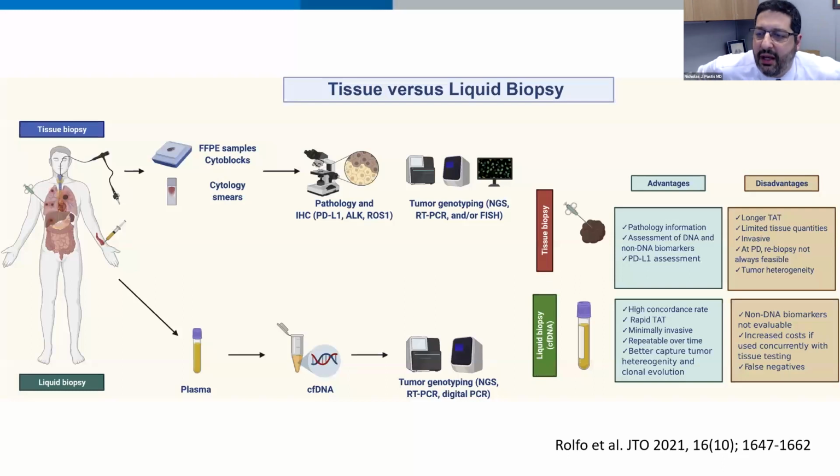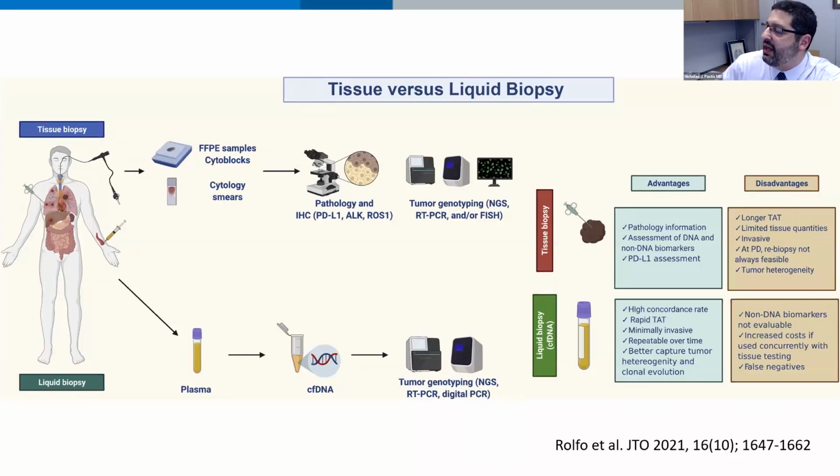So what are the advantages and disadvantages of it? If you look at the flow chart here, we've already talked about the top flow of getting your sample from EBUS, making a cell block, or getting DNA from smears. You can do next generation sequencing. You can do IHC on the cell block. And that's one of the big advantages, is that you can identify histology, which you can't from the liquid biopsy.